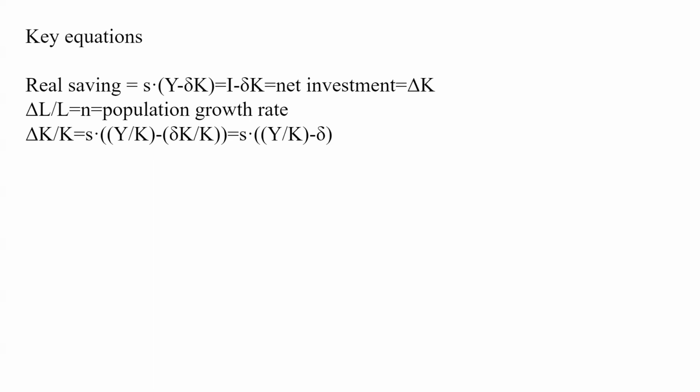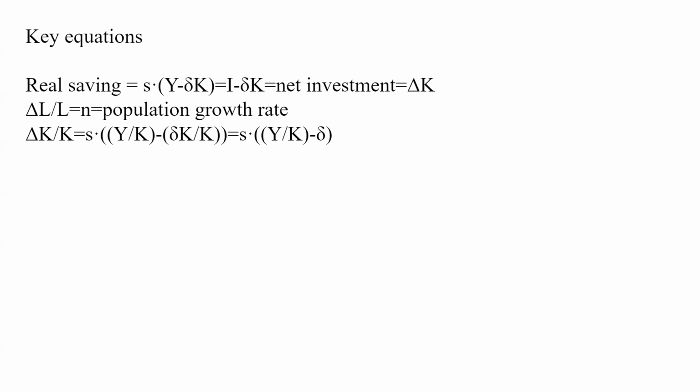In the Solow model, we assume that all the output of an economy is either saved or consumed, and the real income here is the total GDP or total output Y minus the total depreciation.